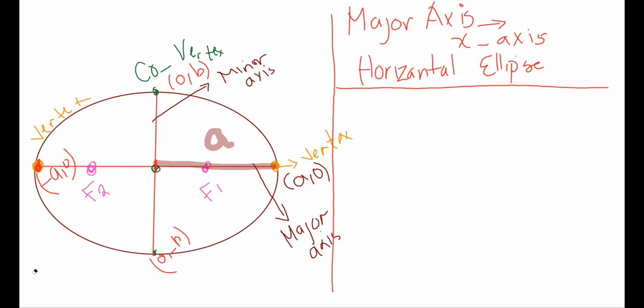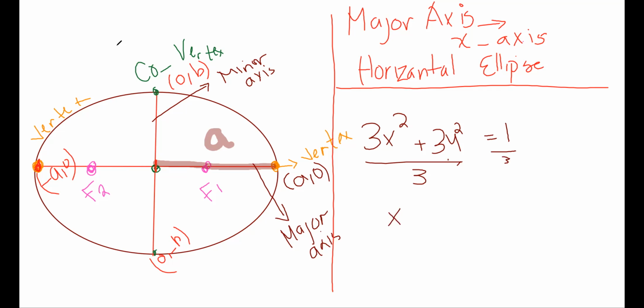Sorry. So now, what is the equation of a horizontal ellipse? I told you that if you have 3x squared plus 3y squared equal 1 as an example, you divide it by 3.